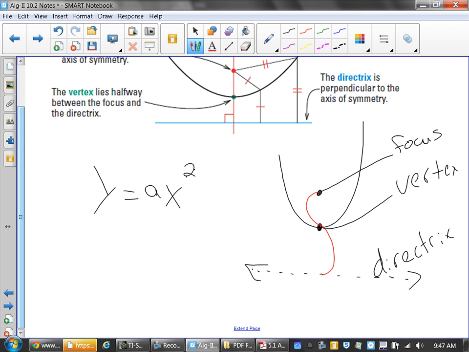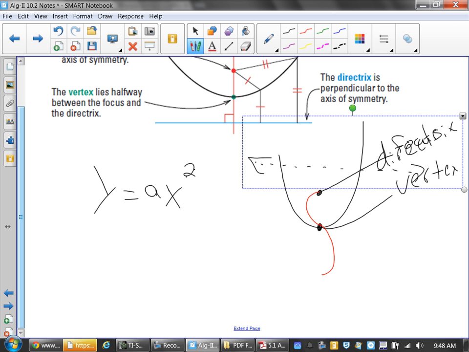What will happen here is you'll see it as we start to graph these things. One thing I'd like you to notice is the directrix, if you're up like a cup or down like a frown, is what type of a line? It's horizontal. This directrix, if it could, it would want to slice through your curve.